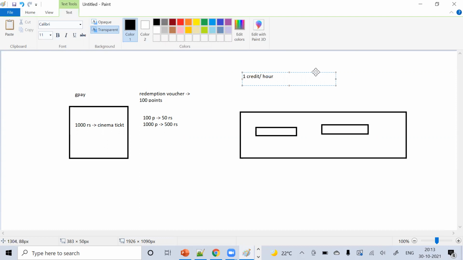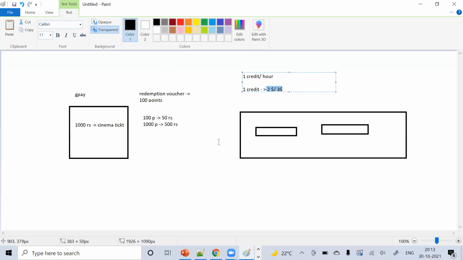You will be charged with 1 credit per hour. So this 1 credit will have some mapping, like, okay, this would be $2 or $3, something like that. And how this will vary depends on certain factors which we will study today.